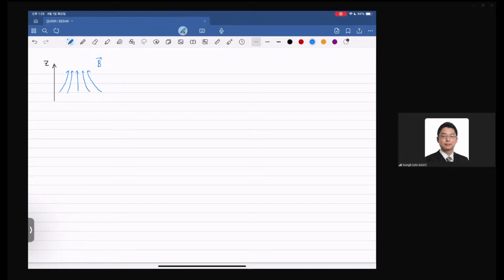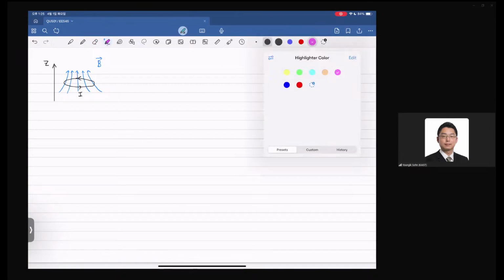It's stronger up there, and then there is this current loop. Current I is flowing in here, and we want to focus on this part, okay?